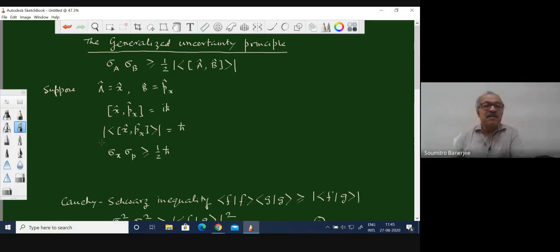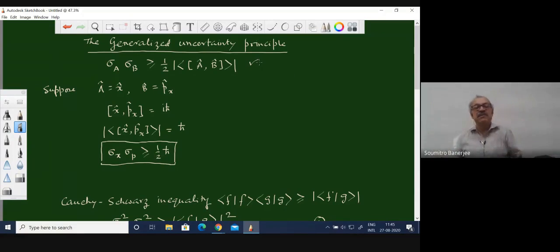This is the result for the combination of x and p. So this says that if x and p have definite values, their uncertainties product must exceed h cross by 2. This is the classical uncertainty principle that you knew of, but actually the general uncertainty principle is this.